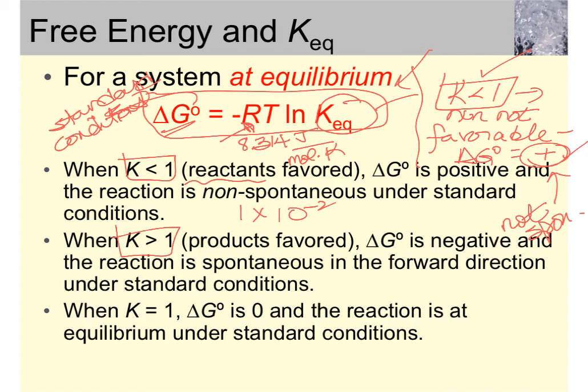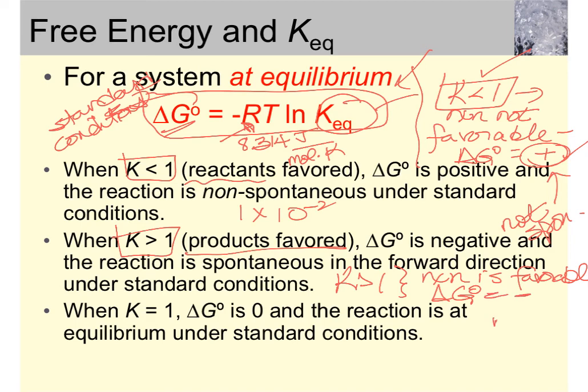K greater than 1 means that products are favored. So if you have a large K, the reaction is proceeding to products, as the chemist would want. So K greater than 1 means the reaction is favorable, products are being formed. And we also know the value for delta G in a favorable reaction: it has a negative value.